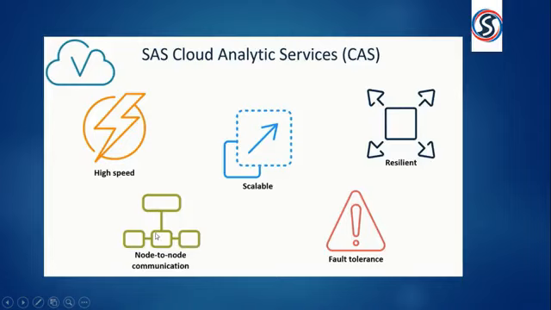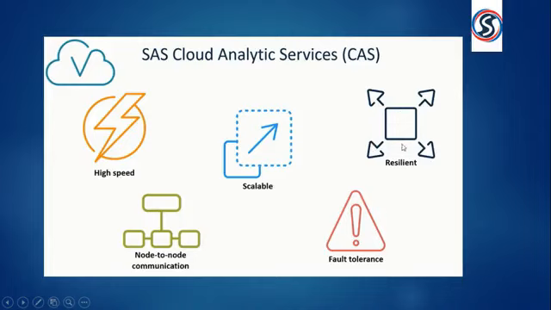This head node will distribute your data equally among all the worker nodes, so that these worker nodes have the backup with them, therefore there is no fault tolerance issue, right? Because the backup is already there, we can make sure that in case it goes down, we don't actually lose our data, and it is quite resilient, right?